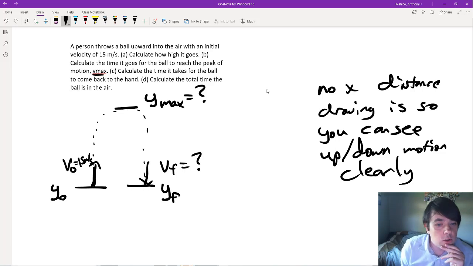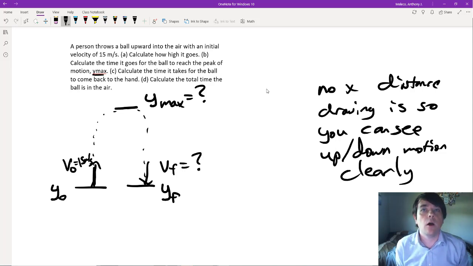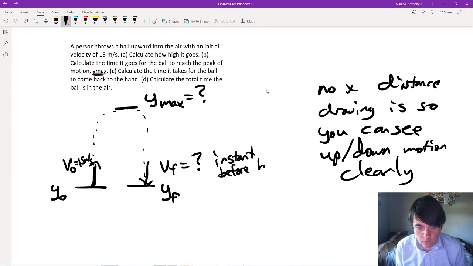One thing I will make note of, just in case you're wondering: your final velocity isn't when you're holding the ball. It's the instant before it reaches your hand. The reason for that is if you were looking at it from hand to hand, it would be like you didn't throw the ball up, so there's no initial velocity, and after you catch it, it would be 0.